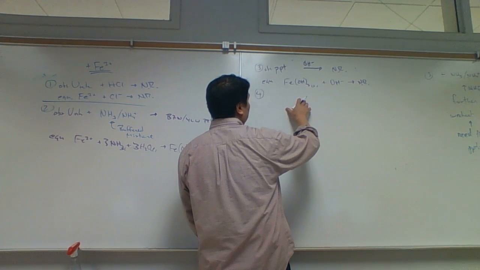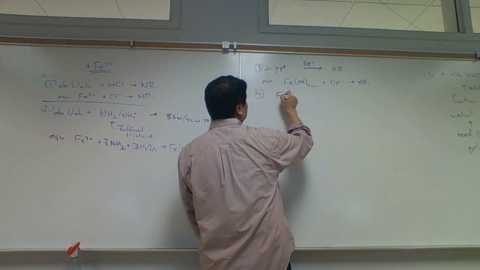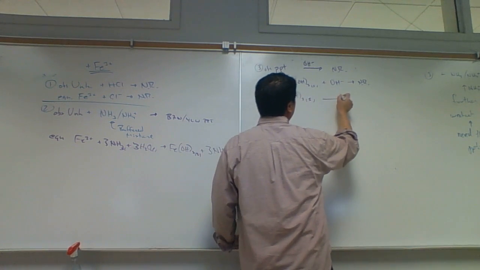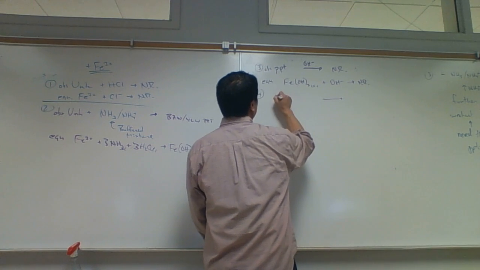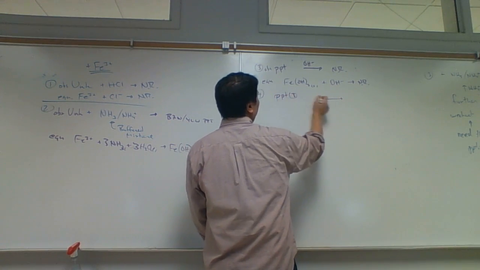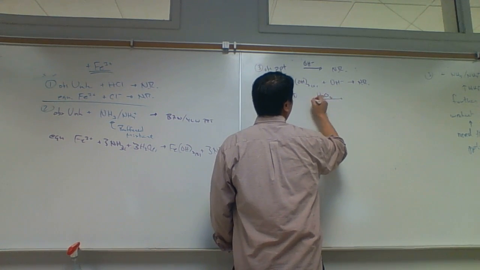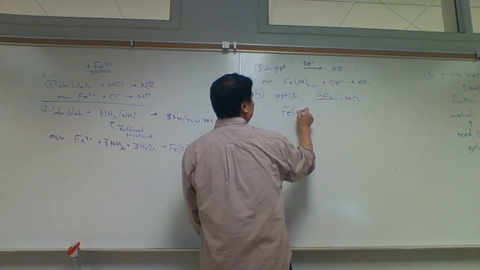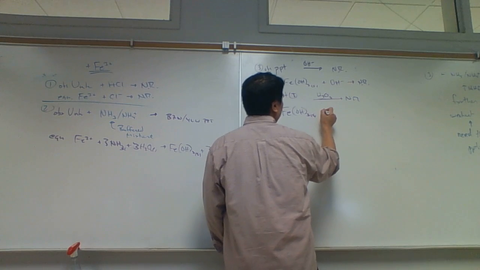It's going to be the product of the chromium hydroxide and hydrogen peroxide. Well, what does it do to the iron? It shouldn't do anything. Okay, so we take the precipitate from 3 and then add hydrogen peroxide. We get NR. It's already maxed out.